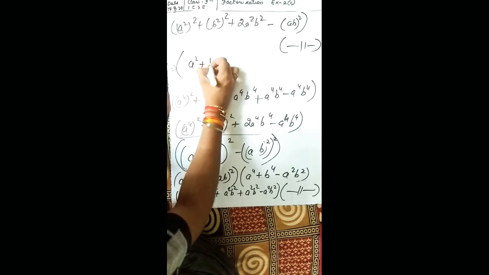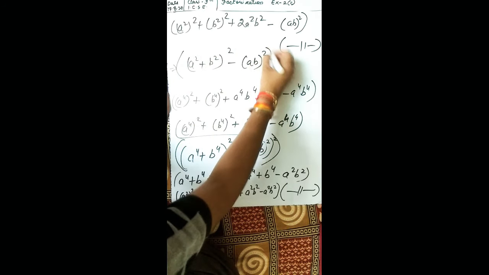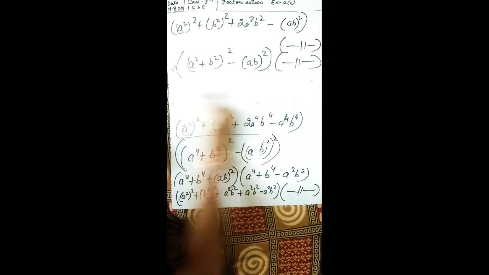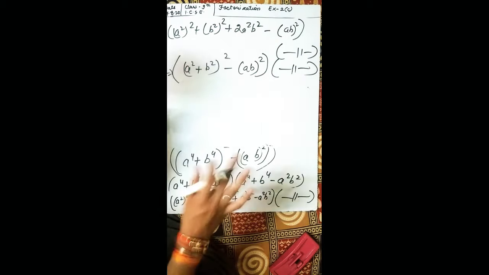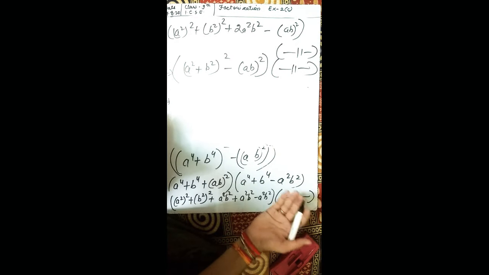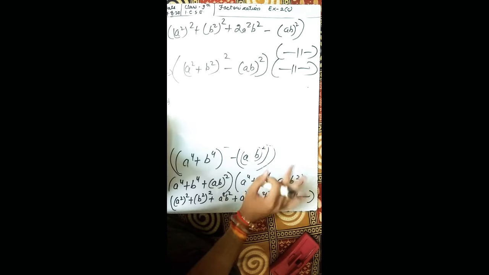A square plus b square the whole square and minus ab the whole square, and this bracket is as it is. Okay, now see, this is somewhat a complicated, big question. So please understand it, because we are not doing any rocket science logic. All the things are familiar to you. You only need to understand.